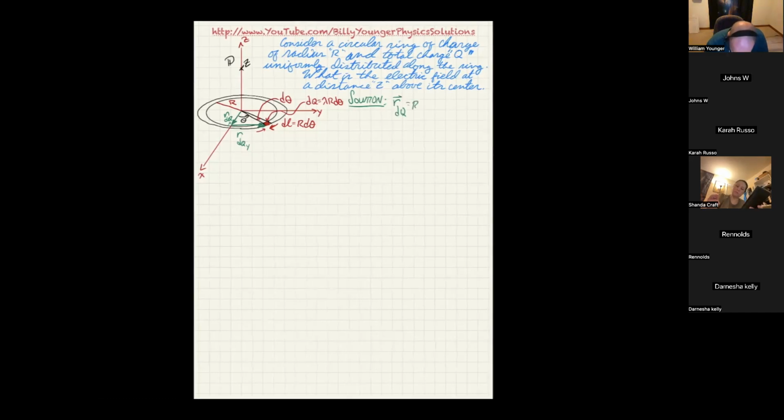So I'm going to write r cosine theta i hat. And my y component is just r sine theta. So I'm going to say plus r sine theta j hat. So everybody can agree that that's the RdQ. Anybody have any questions on that?